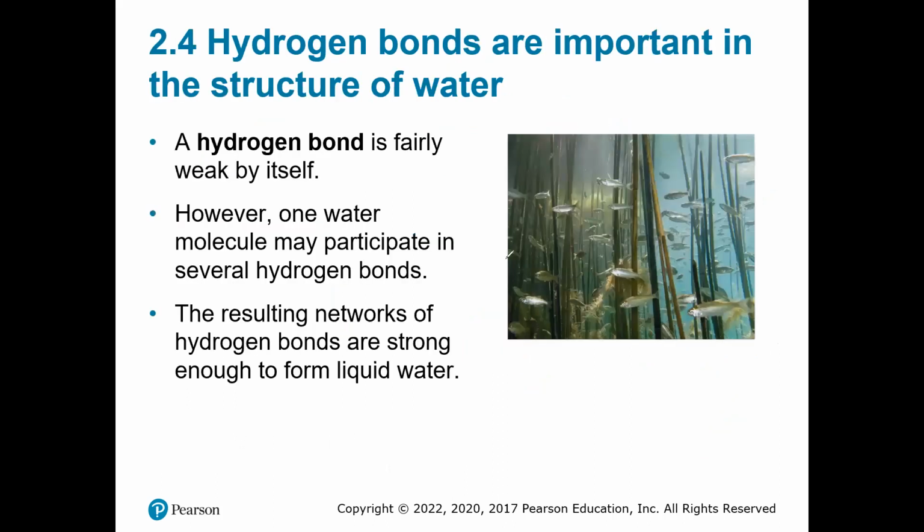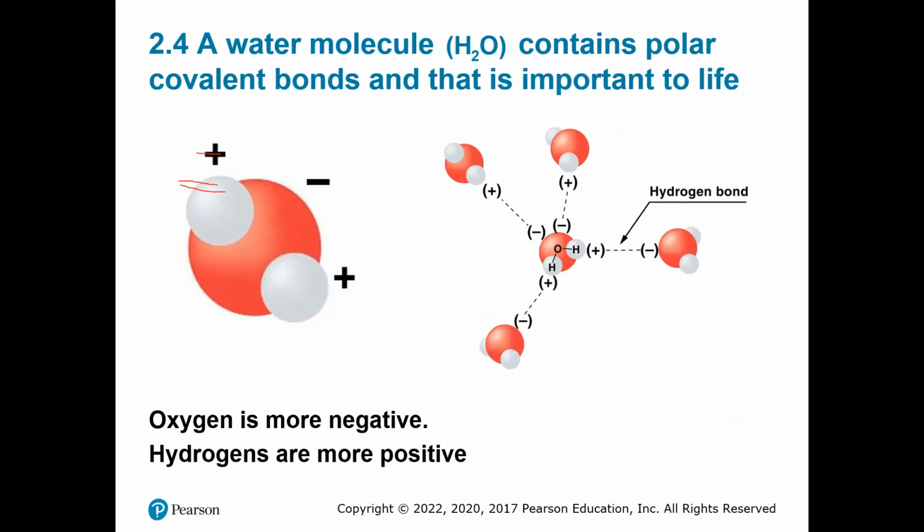Now, they're so important. Hydrogen bonds are weak. They're really, really weak, and they're fluid. They're moving all the time. Because they're so weak, they're switching all the time. So they're swapping. You might have a bond to this one, or to this one, depending on when you're looking at it.